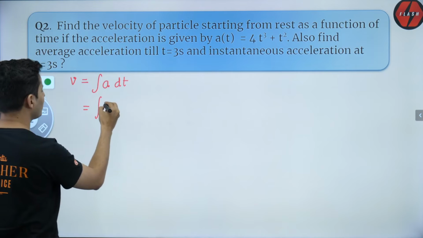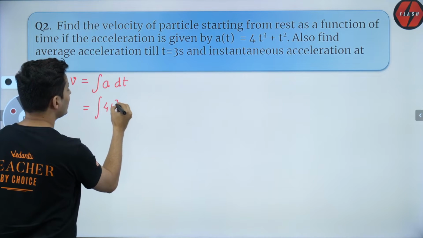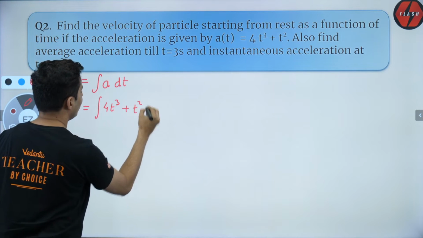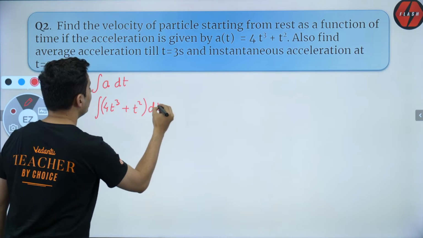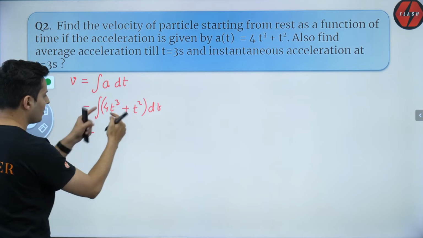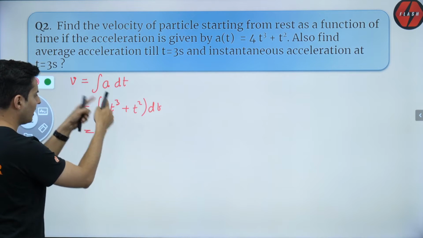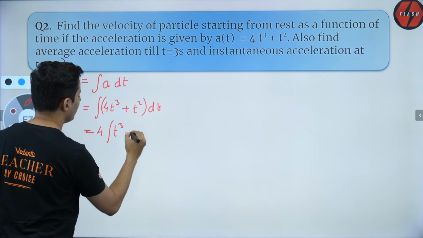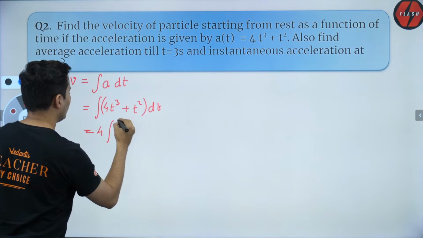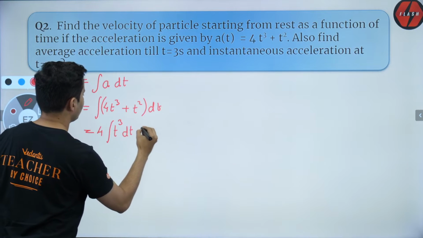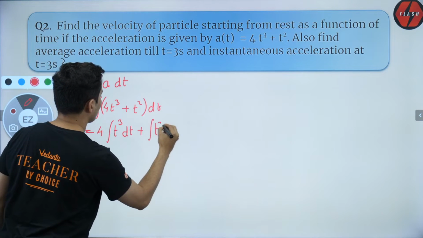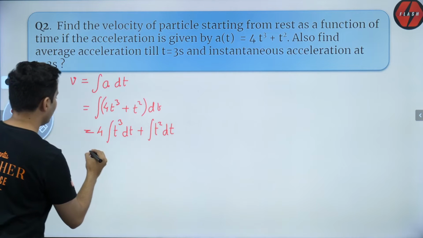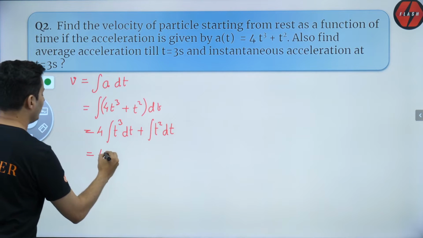So acceleration is (4t cube plus t square) dt. So obviously use the rules of integration of separating the terms and taking the constants outside. So it will be 4 integral t cube dt plus integral t square dt. Now what is the integration of t cube?